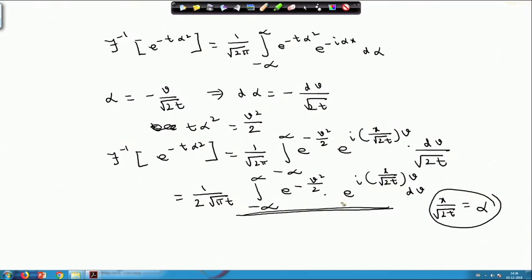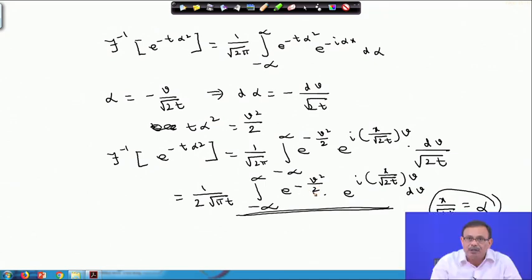Please carefully see it. This right hand side integral represents the Fourier transform of e power minus v square by 2, and here the kernel is not alpha, but x by root 2 t, which I am assuming as alpha.